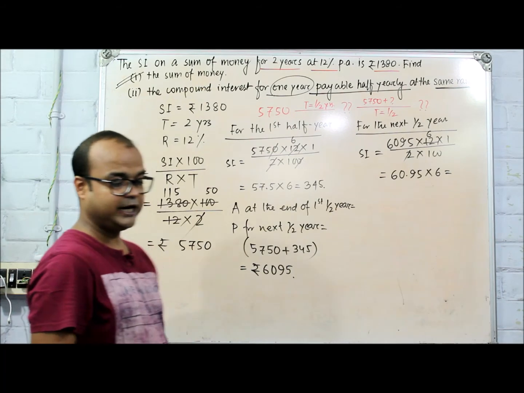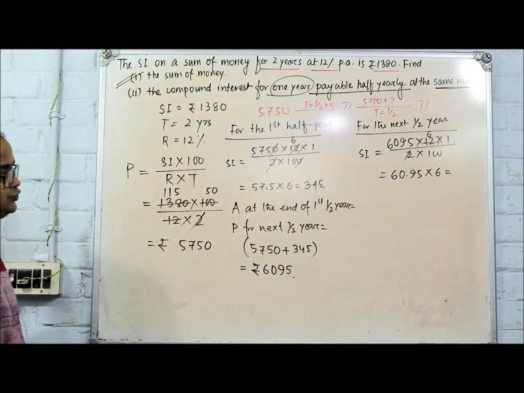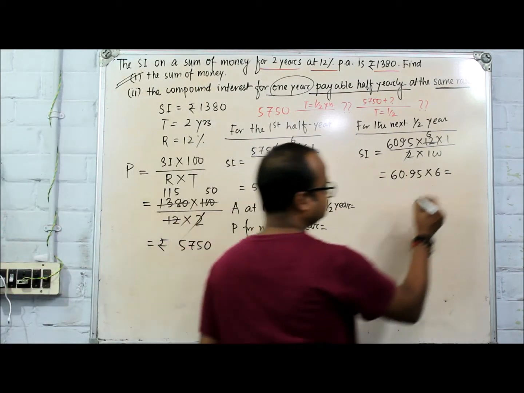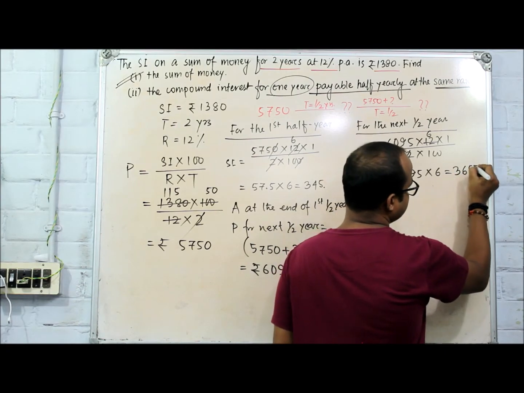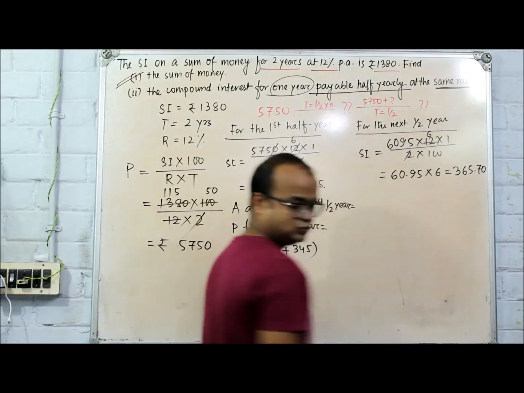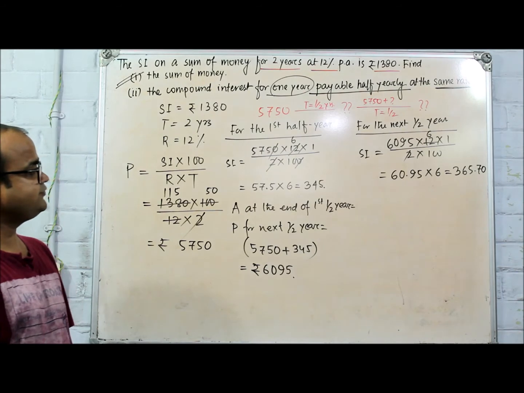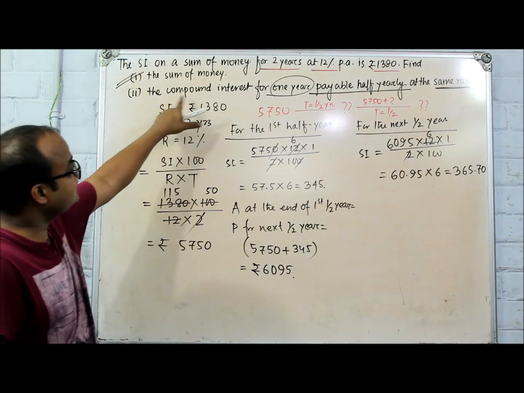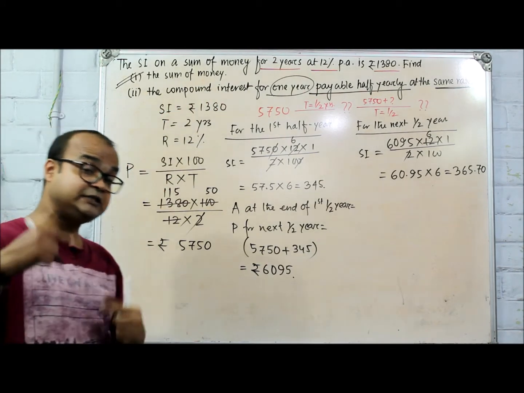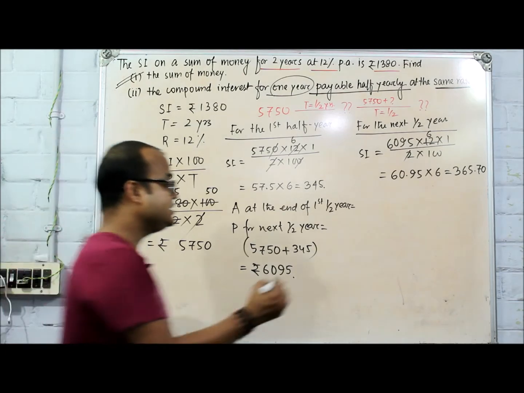So 60.95 into 6 is equal to 365.70. So for the compound interest, we don't need to calculate the amount, we need to calculate the CI.